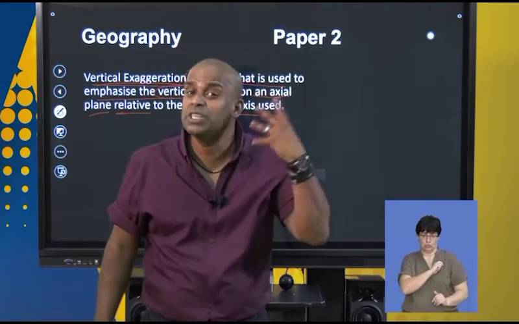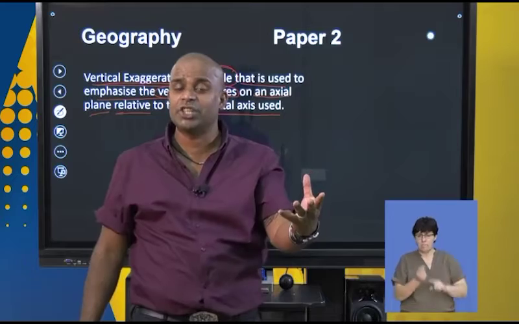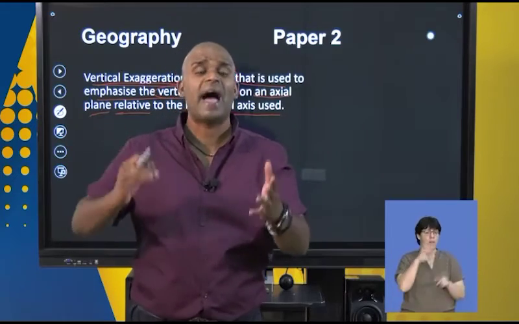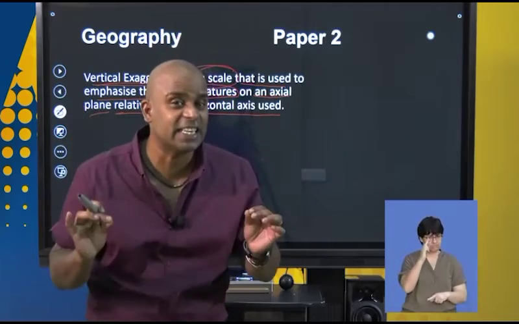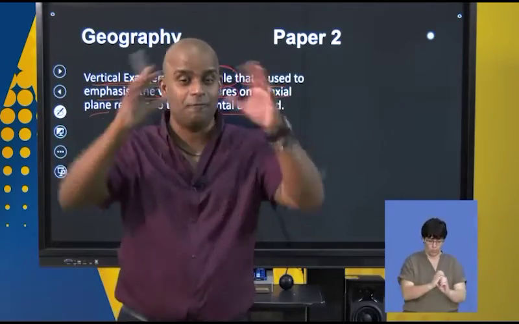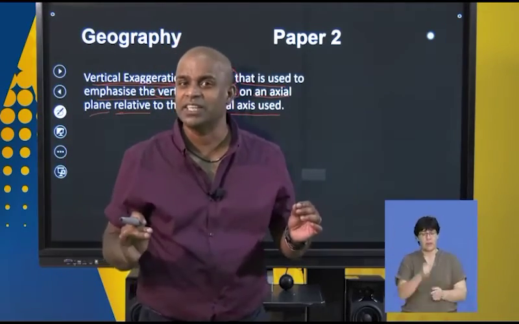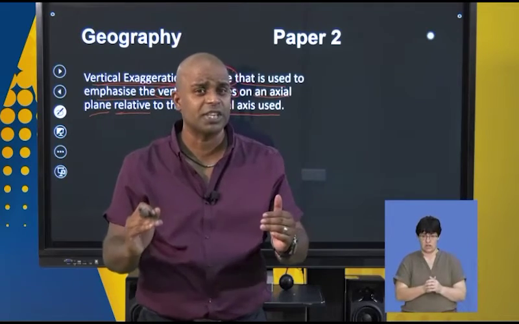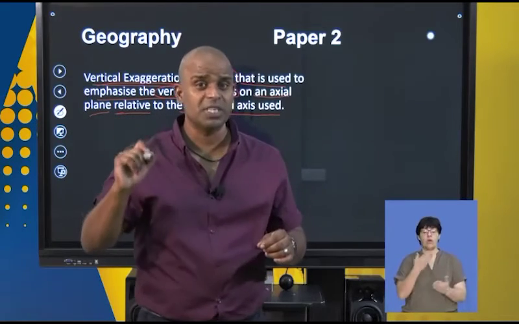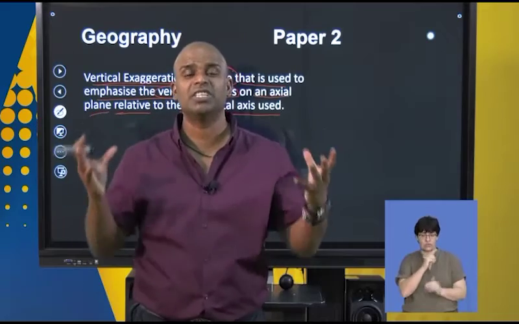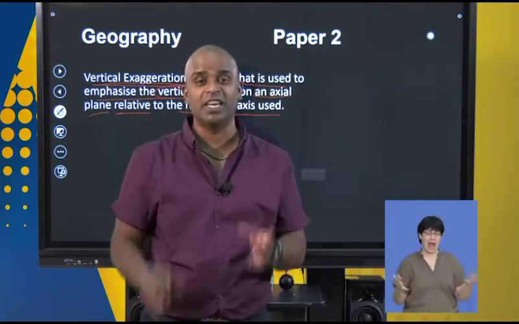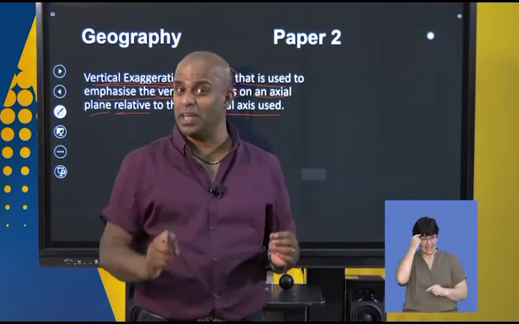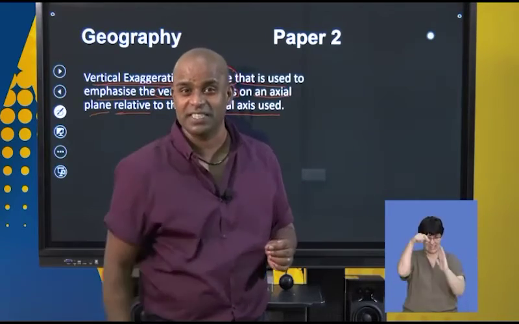When I'm trying to determine the vertical exaggeration, I'm trying to determine by how much that cross-section is exaggerated from the real feature. When you look at a cross-section, by using the vertical exaggeration, you'll be able to determine what the height of that particular feature is. But I think we need a break before we get into detail on vertical exaggeration.